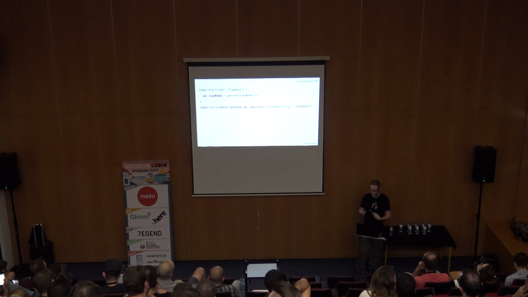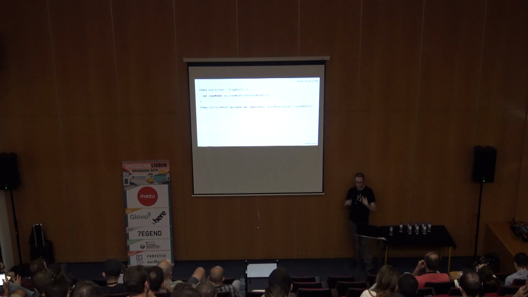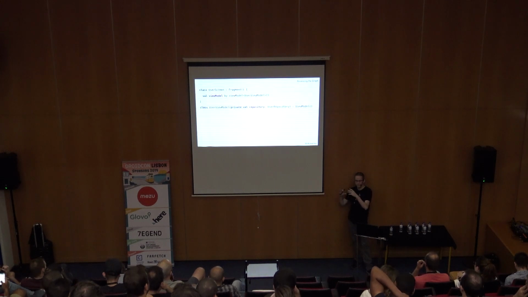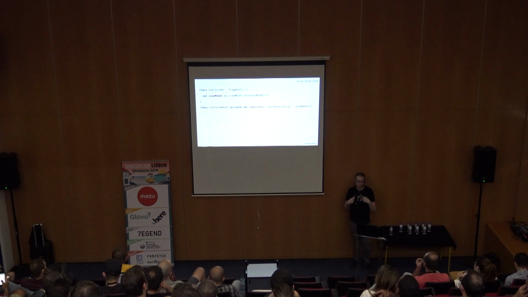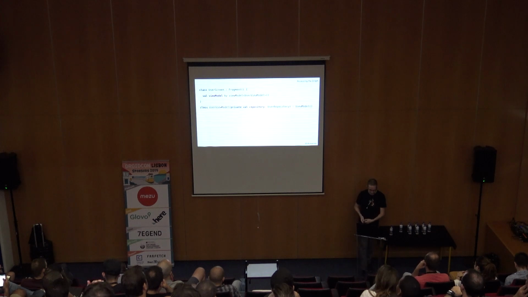And again, we're not using ViewModelProviders, but we do have this viewModel keyword. And this viewModel keyword is again going to access the graph with a scope related to the lifecycle owner that's calling it, and return the view model that's requested, whether that's a new instance or an existing one.